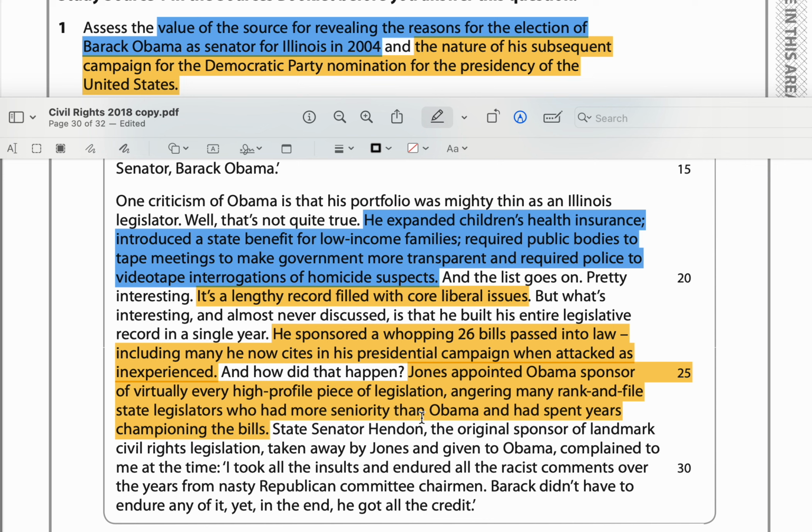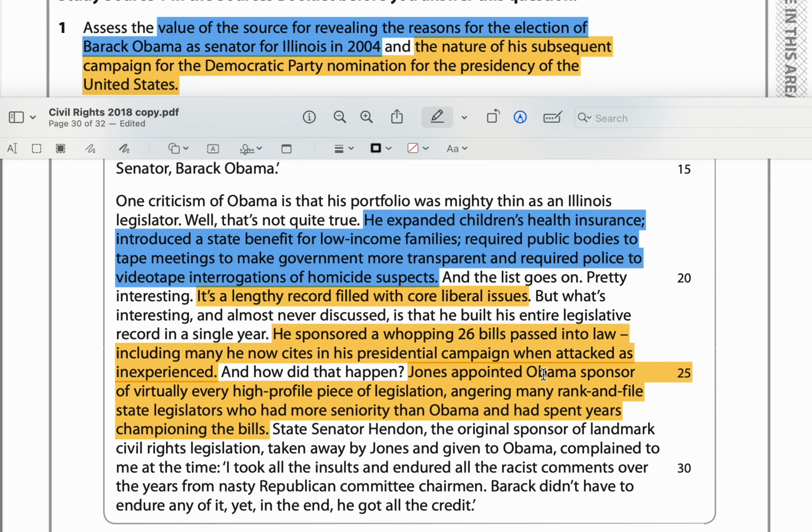So this is that Obama, for his Democratic nomination, had support of experienced politicians. Again, it's getting at this idea that it wasn't him. So in terms of limitations, we should know from our own knowledge that there are other reasons for Obama's success and other reasons that he focused on in his campaign.